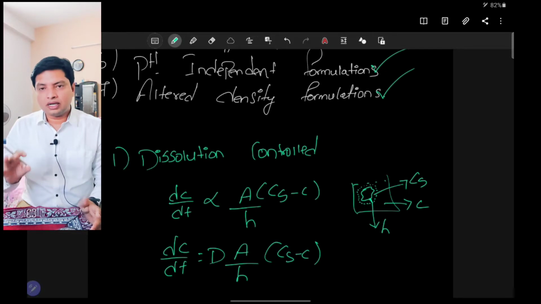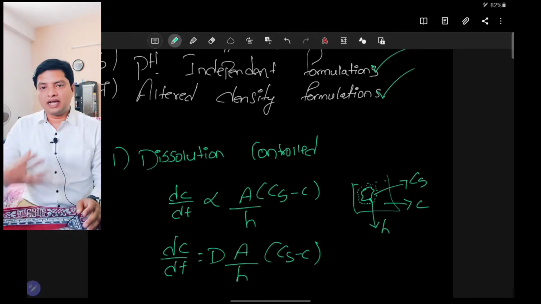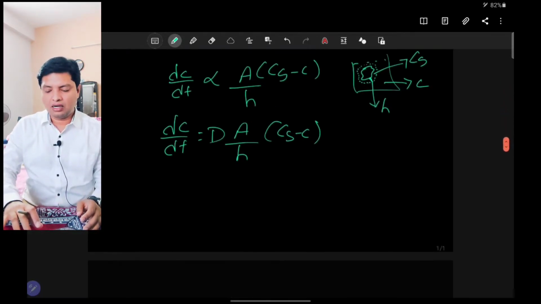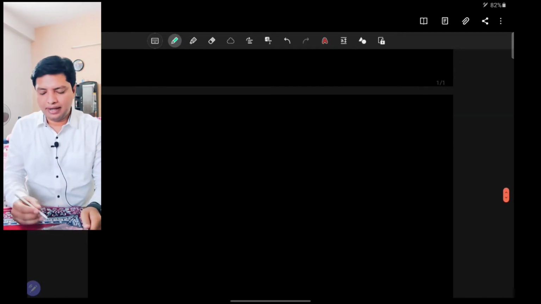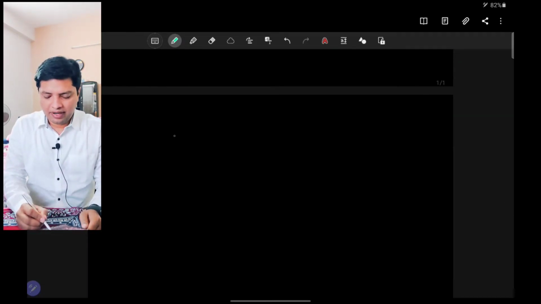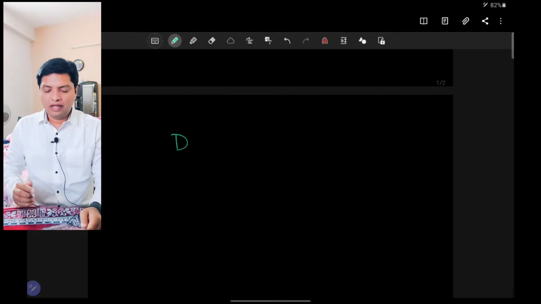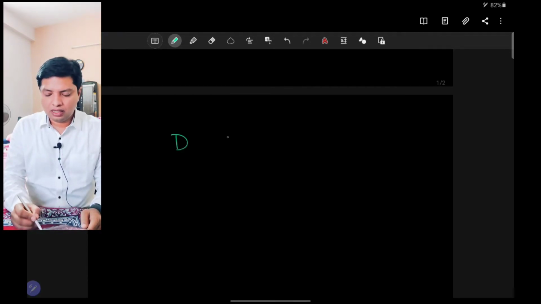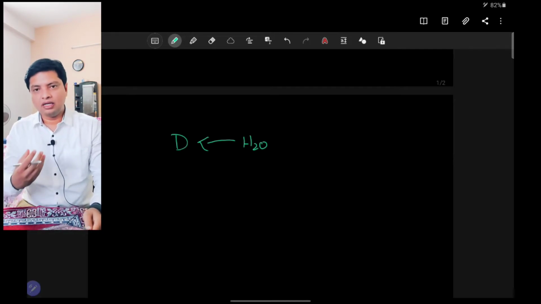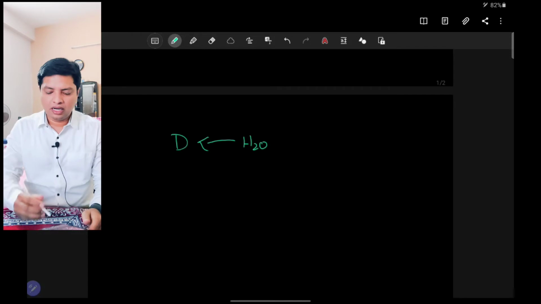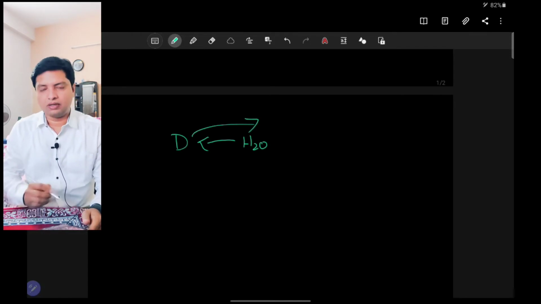Now I want to control the drug release by its dissolution, by the solubility of the drug. How can I do this? I will just give you an idea here. Let us say I have a drug here. If water goes from the outer region to the inner region of the delivery system, then only the drug will dissolve in the water and come out.